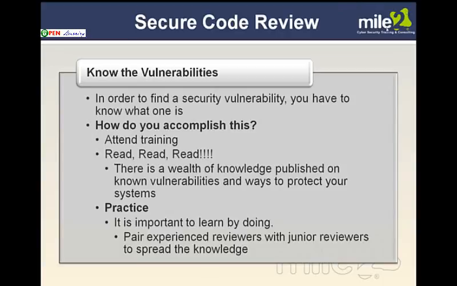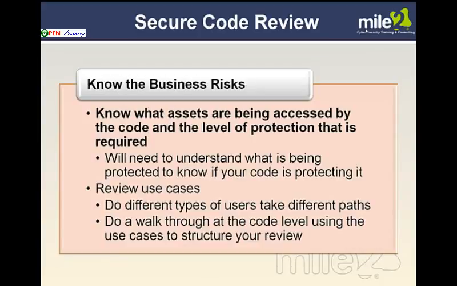You could put people with less experience together with people with more experience, and it would be very educational and help our practice. Know the business risk. We have to think about what would happen if we do not protect our information, if we do not review our code, and this code exposes us to great vulnerabilities.